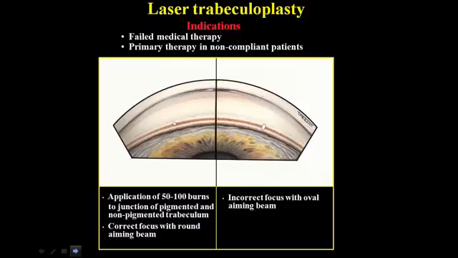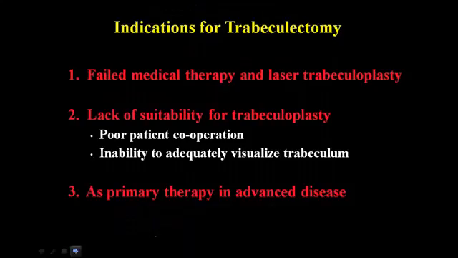But this laser procedure is ineffective in pediatric glaucomas and in most secondary glaucomas, with the exception of pigmentary and pseudoexfoliation glaucoma. Now, the third option is surgical intervention, which usually includes trabeculectomy, a filtration surgery.